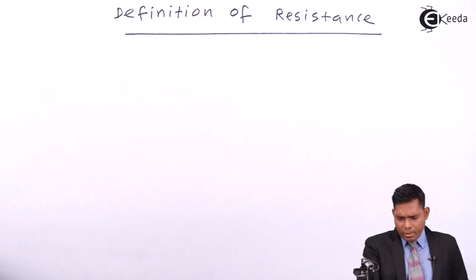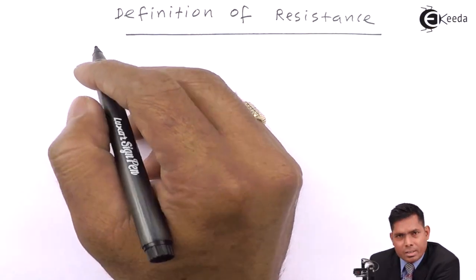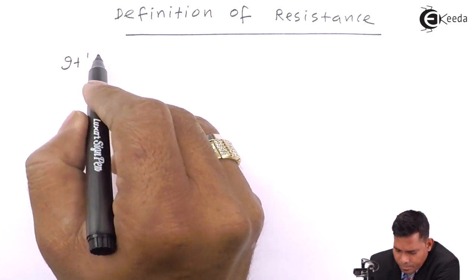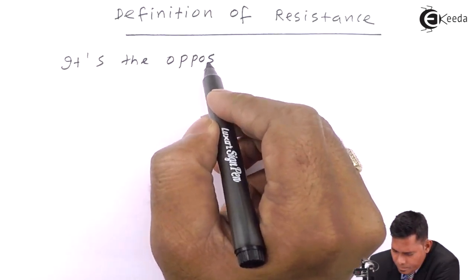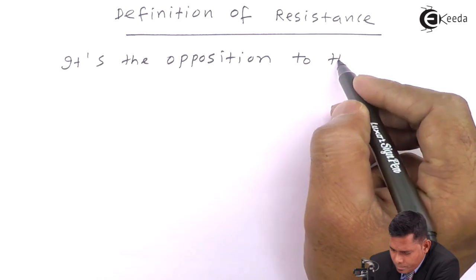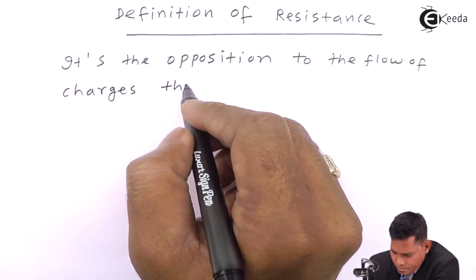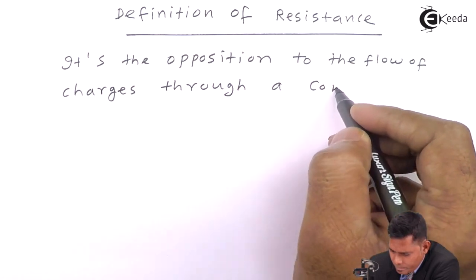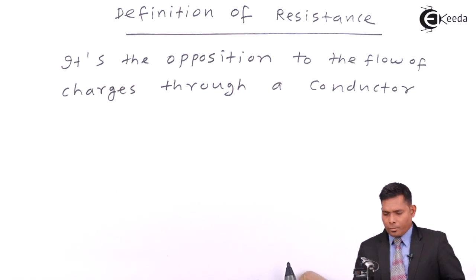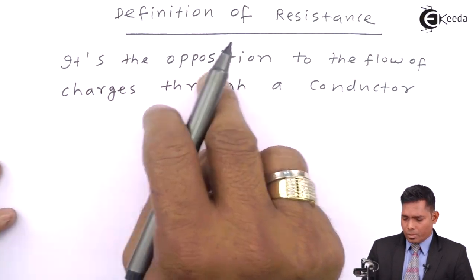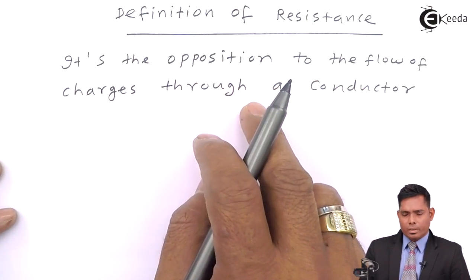So if we write the definition of resistance, the definition is, it is the opposition to the flow of charges through a conductor.